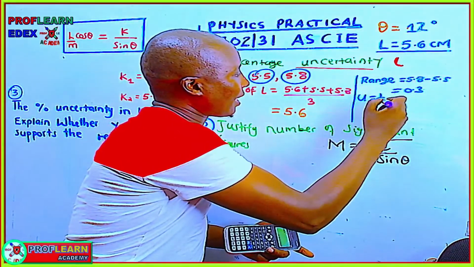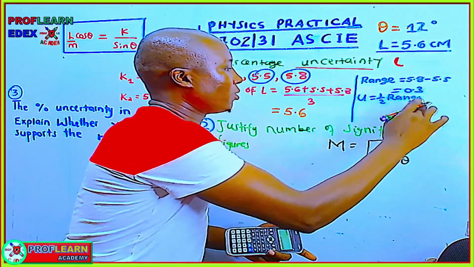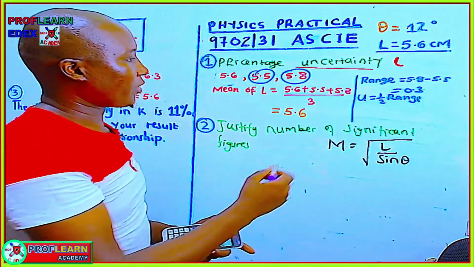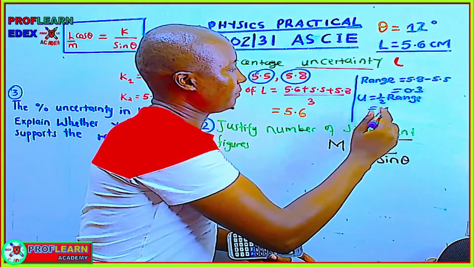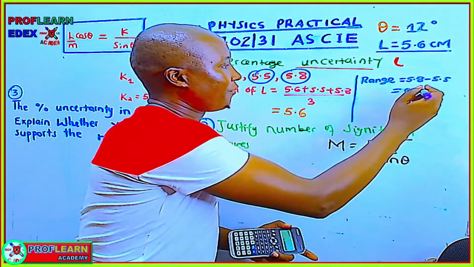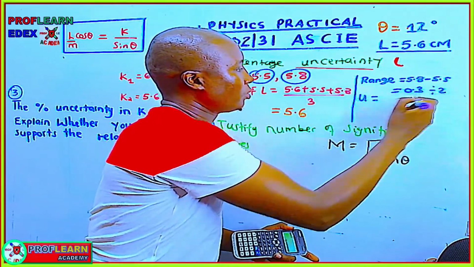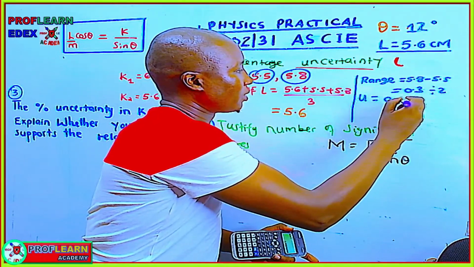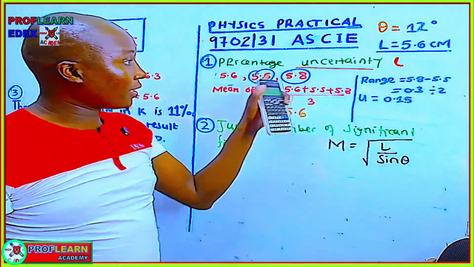Uncertainty is equal to half the range. A half of this range, you divide this by 2, this is going to be 0.15. That is the uncertainty for this L.